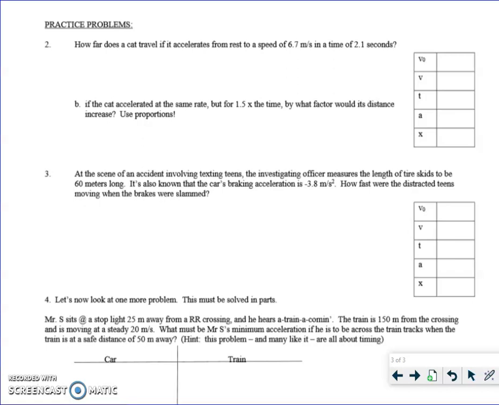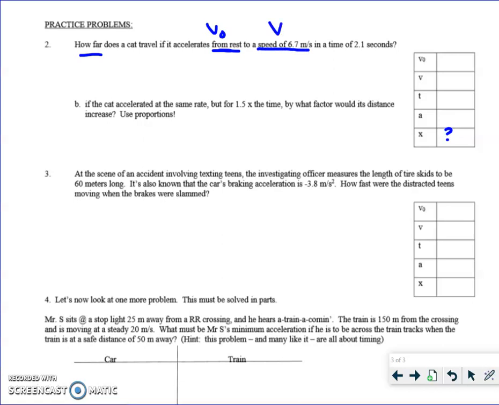All right, so how far does a cat travel if it accelerates from rest to a speed of 6.7 meters per second in 2.1 seconds? Okay, so I'm going to go through the process. I'm going to first figure out what do I want. I want how far. How far is position, so I'm going to go over to the table and put delta x. Next, what information do I have? It accelerates from rest. That's v naught. To a speed of 6.7 meters per second.